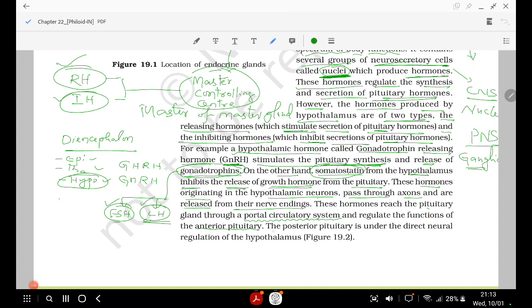Here anterior pituitary is controlled by the hypothalamus through portal circulation, whereas posterior pituitary is under direct neural regulation of the hypothalamus.